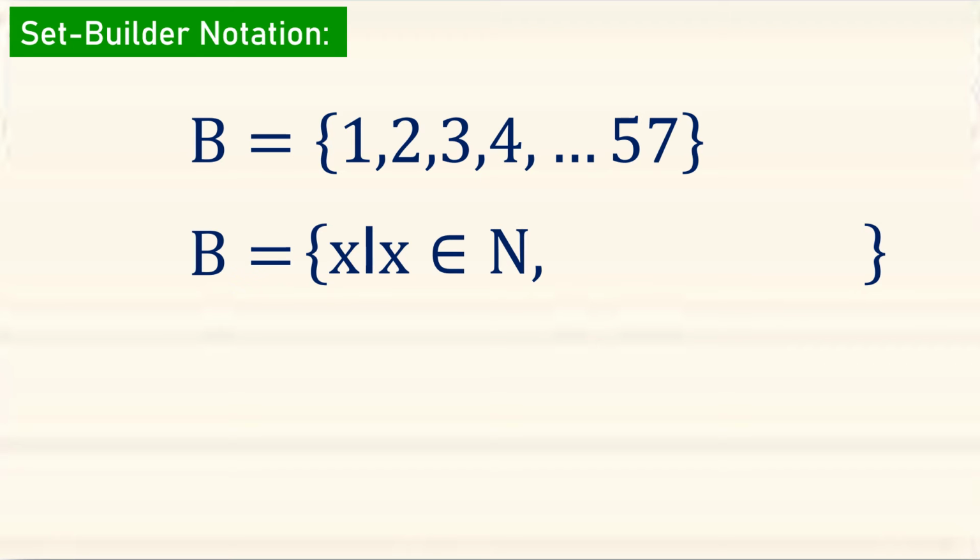So first, we are going to have, it is a set of all x such that x is an element of n. But because we have 57 here, we are going to limit our x. So x is greater than or equal to 1, but less than or equal to 57.